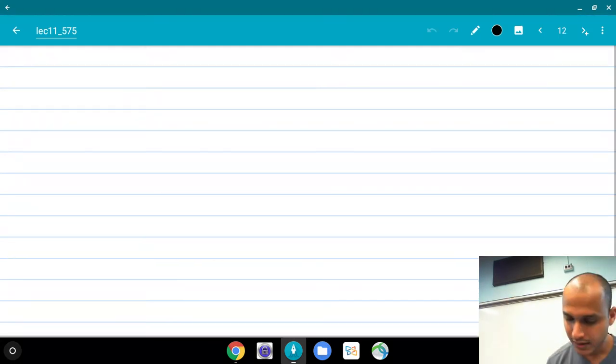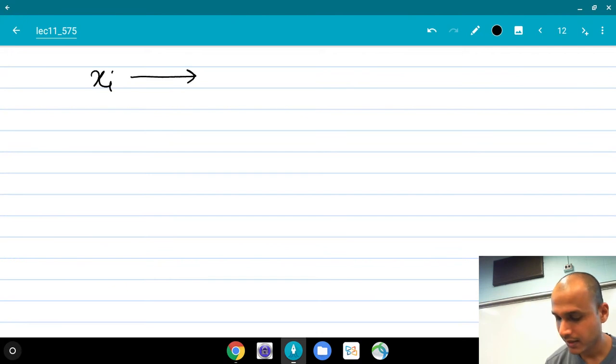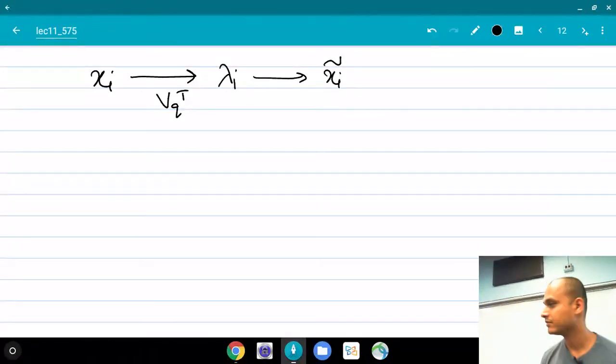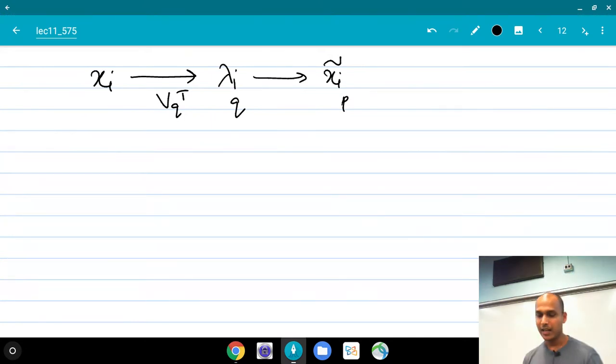Then it turns out that if I have xi, I can do V_Q transpose to get to lambda i, which I said is a lower Q dimensional vector. I can also go back from lambda i to xi tilde, which is a transformation from a Q dimensional vector to a P dimensional vector.